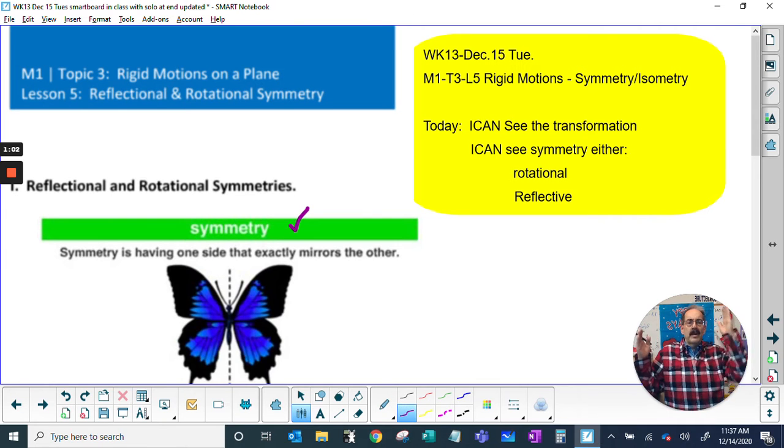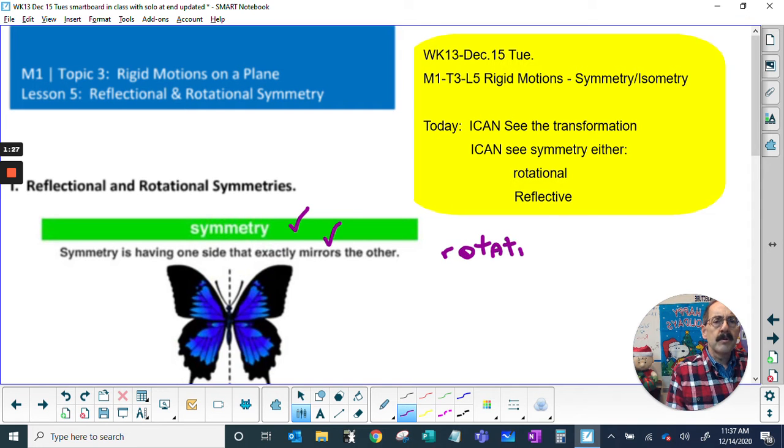The right side of my body is the same as the left side of my body, right? The idea of a butterfly, it's symmetrical about itself. Now, I like the idea of mirror image. Does a butterfly have rotational symmetry?